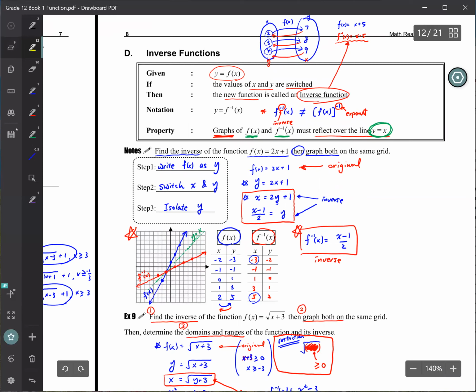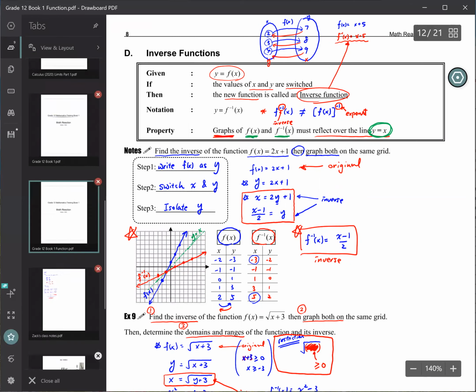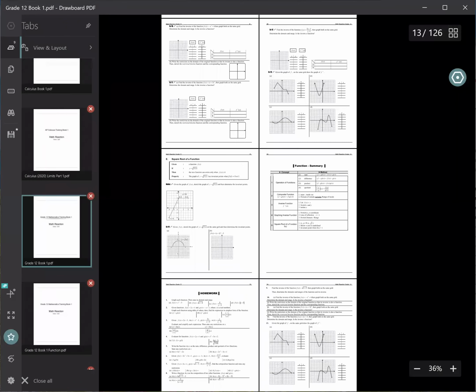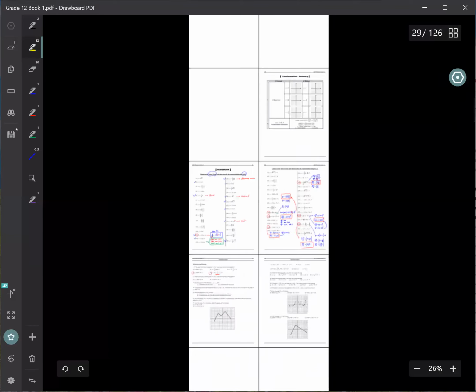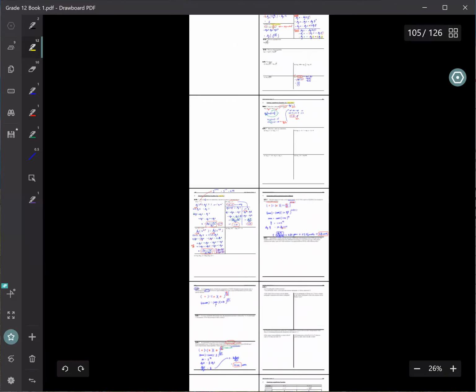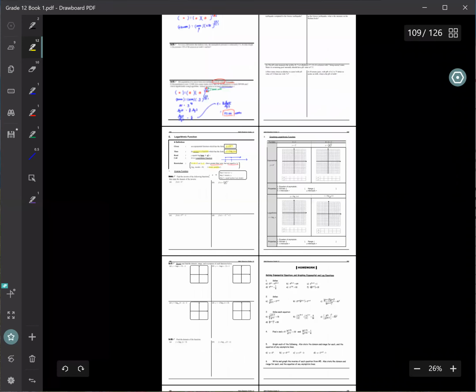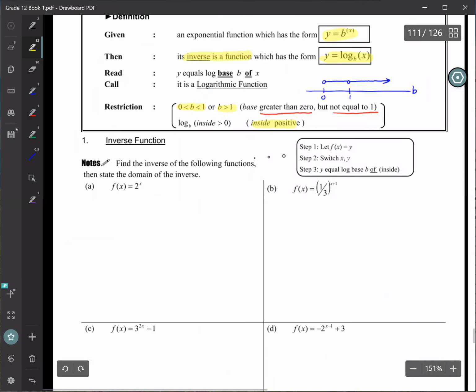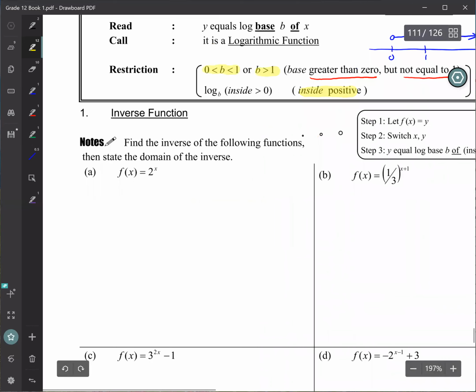So now let's go back to that page again, okay? Log, okay, over here. So we are going to do the same steps, okay? So first step is to let f of x as y, okay?